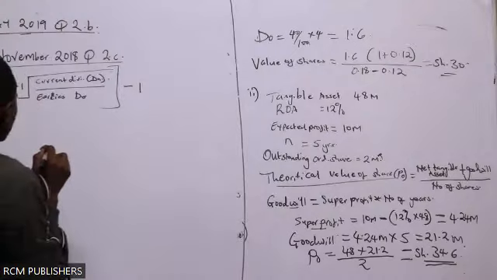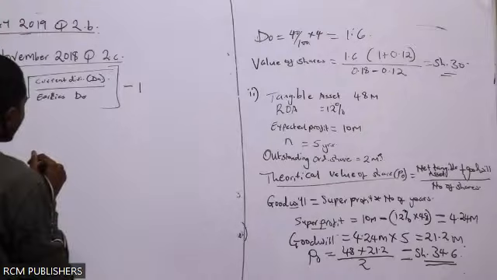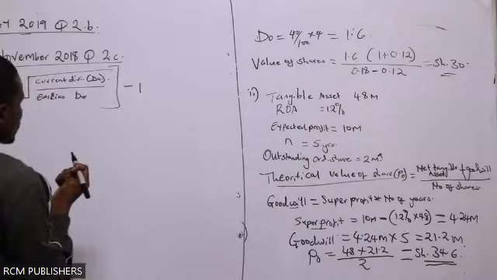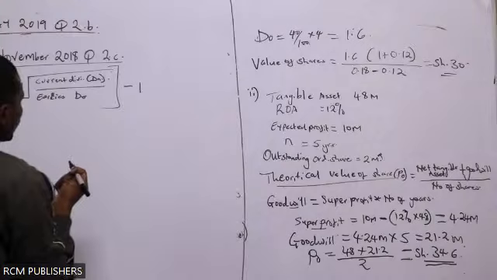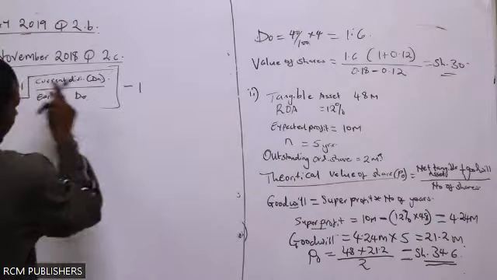In the question you'll be having, there's a way you can as well do this: taking your Dn over D0, then raising it to 1 over n.